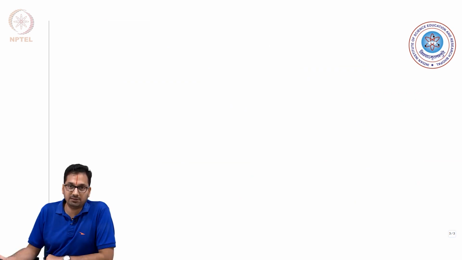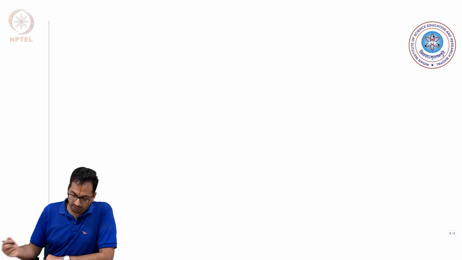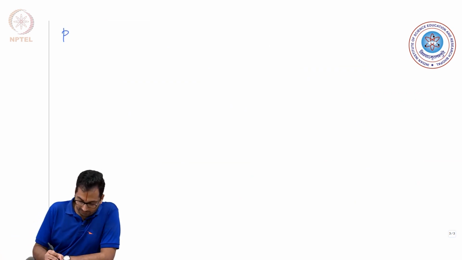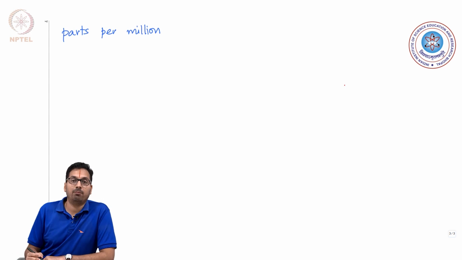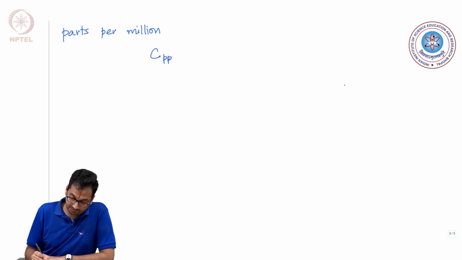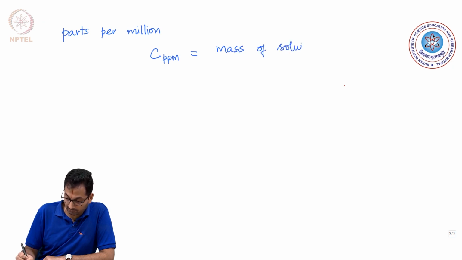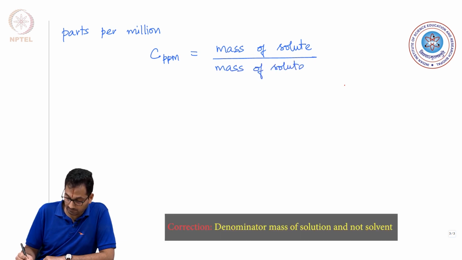Similar to the mass percent that you have learned, there are also units that go as parts per million. Parts per million in concentration is given by the ratio of mass of the solute to that of the mass of the solution times 10 power 6.